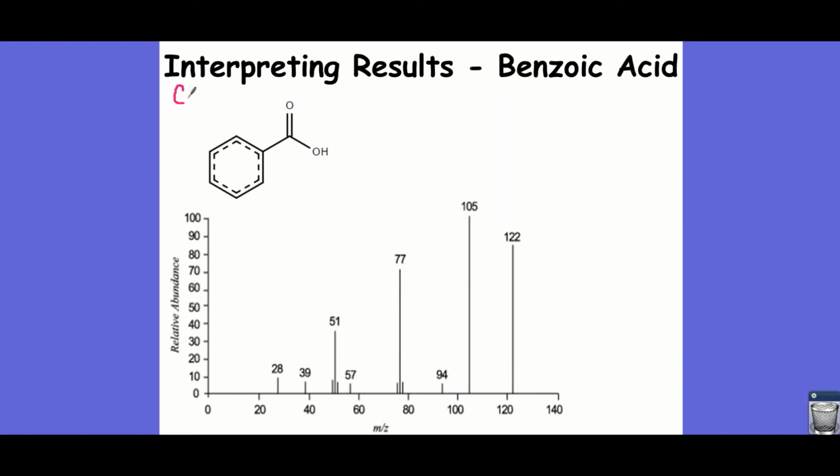We know that it has the formula C7H6O2. We can work out the gram formula mass, which will be 122 grams. And that's confirmed by this value here. So the value furthest to the right is known as the base peak.